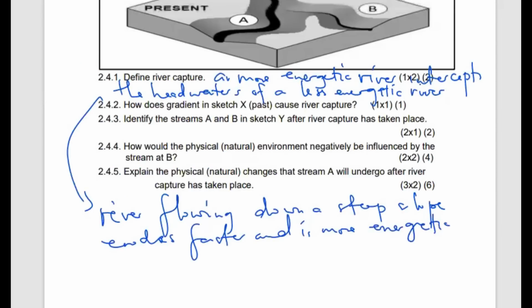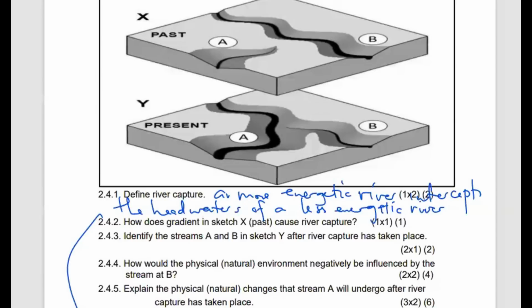Right. If this river is flowing over a steeper part of the watershed, in this watershed here, and this one is flowing over a gentle part, it has more energy to erode headwardly. If it's flowing over a steeper gradient, it has more energy to cause headward erosion and ultimately is able to cut through the watershed to intercept the headwaters of the less energetic stream.